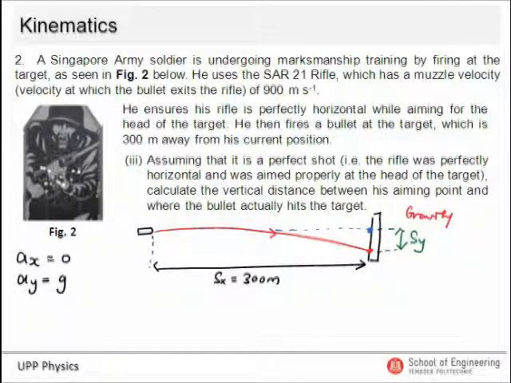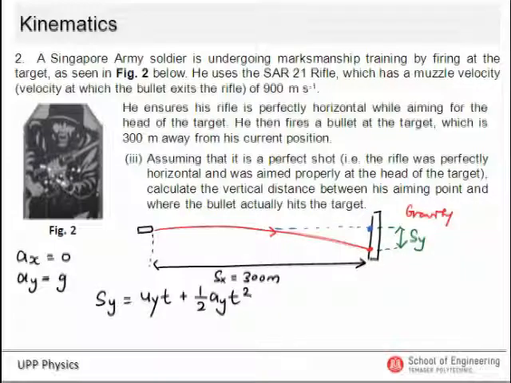So the formula we're going to use is s_y equal to u_y t plus half a_y t squared. Do we know the values for all the variables used in this formula? Yes, we do. So for the first variable u_y, it is equal to 0.